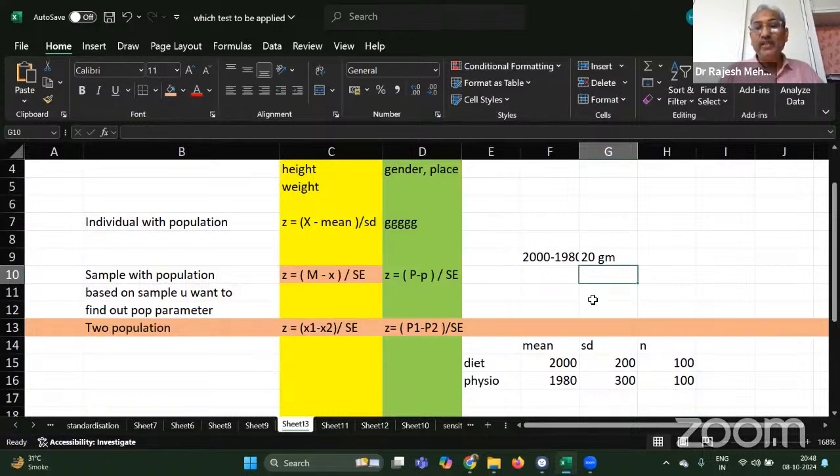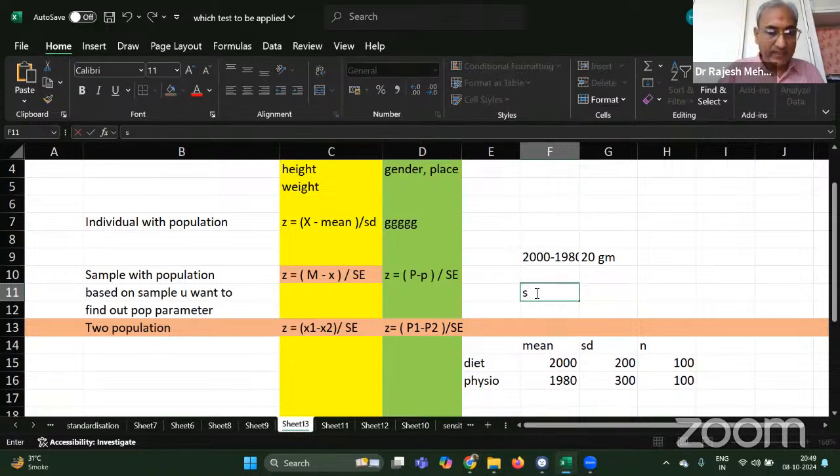And for that, the formula which we are using is, see, for the standard error of mean, you were taking the root of the square of SD divided by n. That was the formula which we were using.